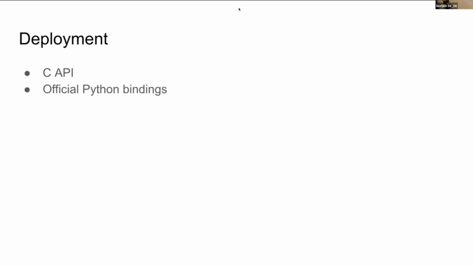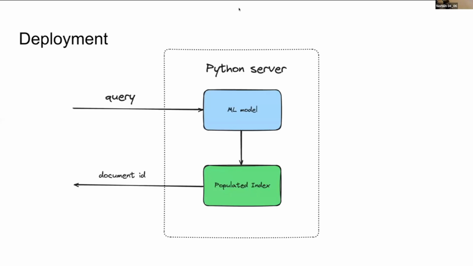But FAISS also has Python bindings, and the easiest thing to do is actually to embed the index inside a Python service. So for hosting our search engine, we could use a simple architecture like this. We would have the machine learning model, which can be used, for example, in ONNX Runtime format, and we would have the index, which was loaded using the Python library for FAISS.